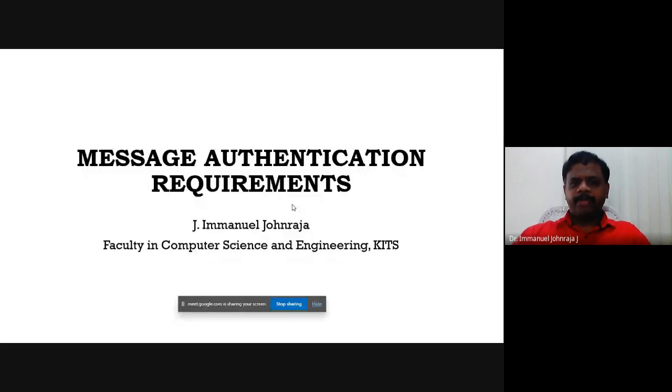Now let's get into our business, right? So we have learned about cryptography, encryption, decryption, and then slowly we looked at the message, the hash codes, right? So yesterday we learned about SHA-512.